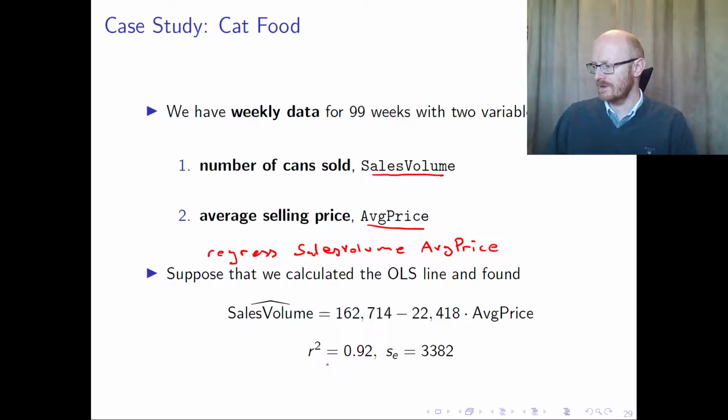So it's a normal good, as we say in economics. And the R squared is quite high at 0.92. So 92% of the variation in the sales volume can be explained by the average price. And the standard error is 3,000. Okay.